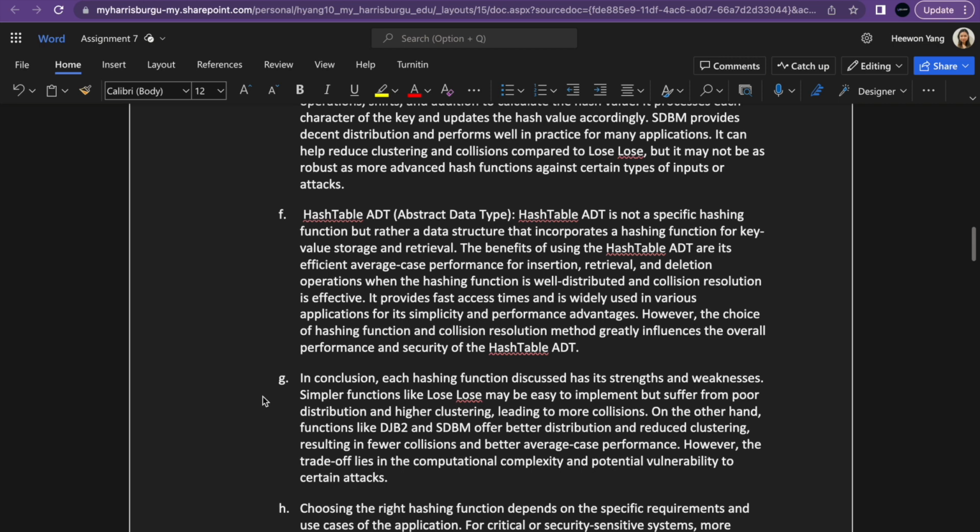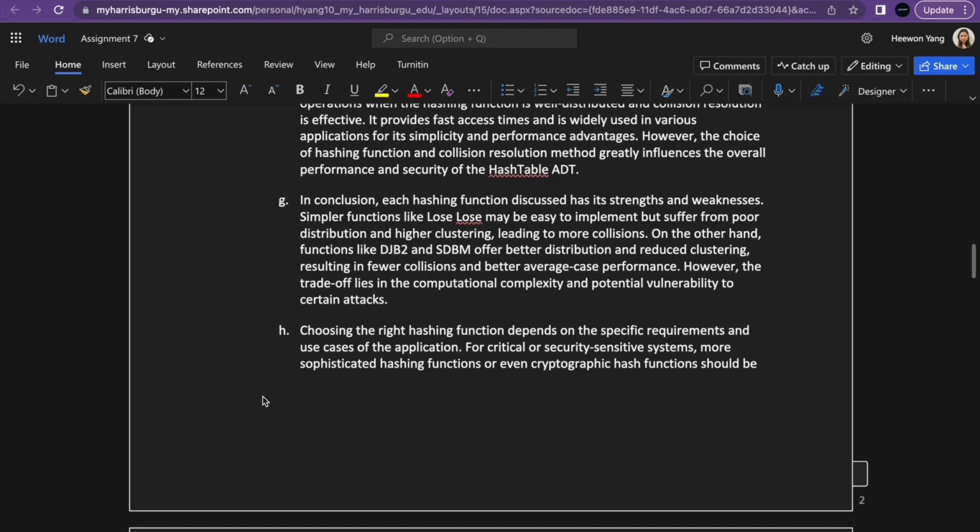It provides fast access times and is widely used in various applications for its simplicity and performance advantages. However, the choice of hashing function and collision resolution method greatly influences the overall performance and security of the hash table ADT. In conclusion, each hashing function discussed has its strengths and weaknesses.